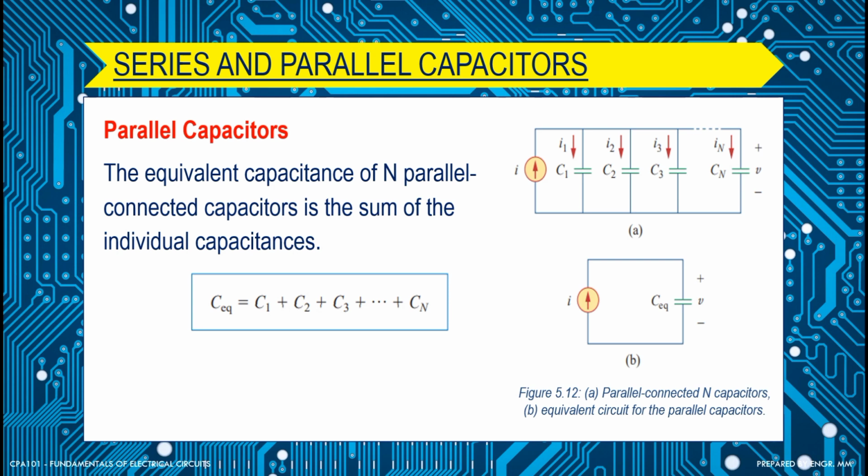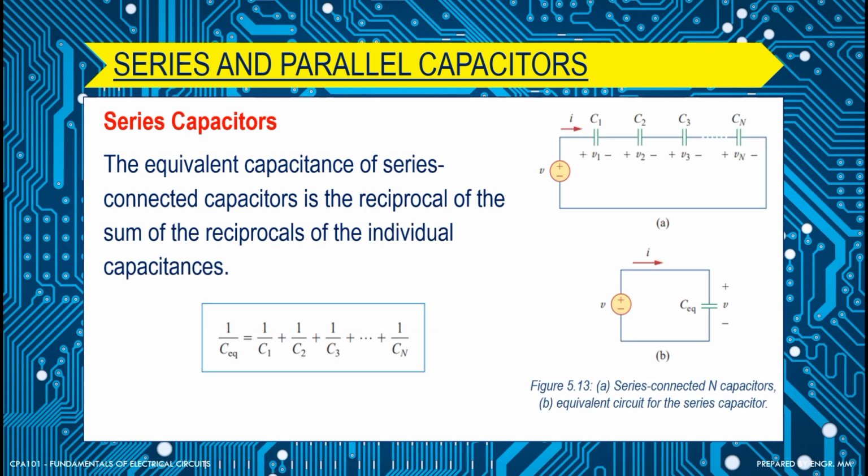Then for series capacitors, the equivalent capacitance is the reciprocal of the sum of the reciprocals of the individual capacitances. So they are the reverse of the resistance equivalent. Okay.